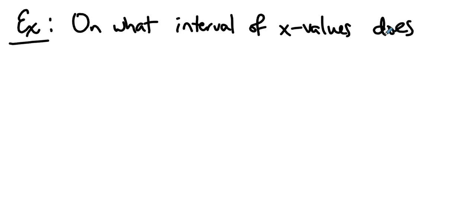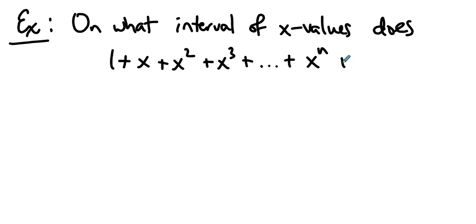On what interval of x values does 1 plus x plus x squared plus x cubed plus dot dot dot, the nth term is x to the n, plus dot dot dot, converge?